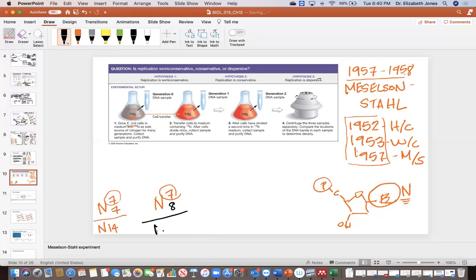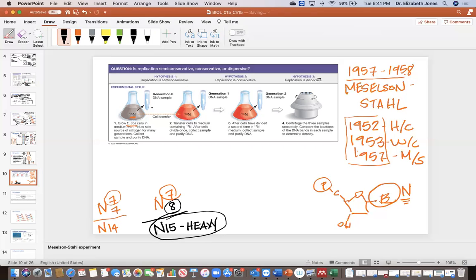This is called N15, and it's radioactive, and it's also sometimes called heavy nitrogen because it literally has more mass than this guy does. If you had 100 atoms of N14 and you could weigh those, and you had 100 atoms of N15 and you could weigh those, this sample would be heavier.